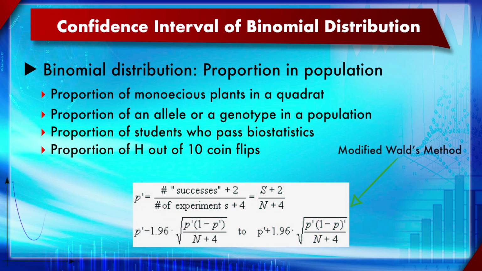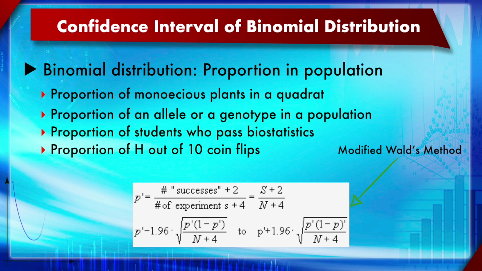So this modified Wald formula has got two parts. First part is to calculate the P prime. The P prime is nothing but number of successes, that is S plus 2, divided by total number of observations plus 4. So S plus 2 by N plus 4 is the calculation of the P prime, the proportion.